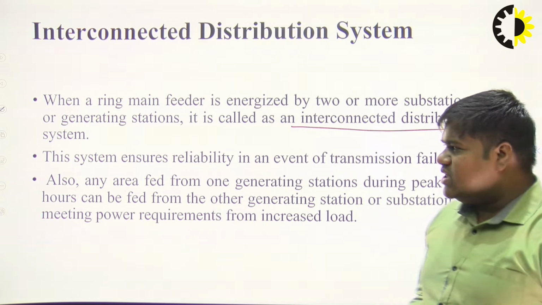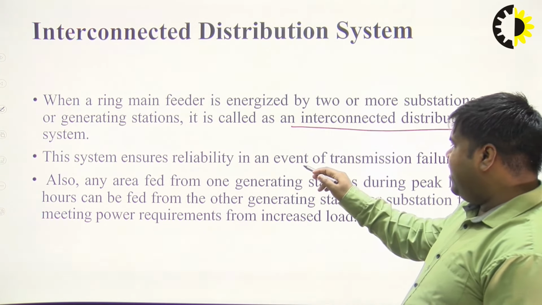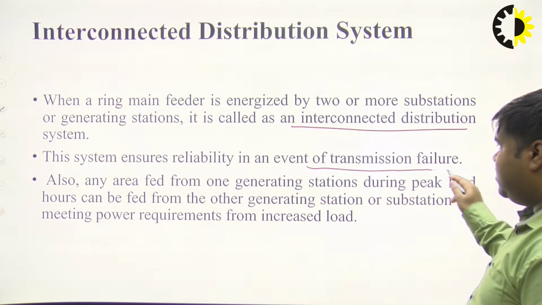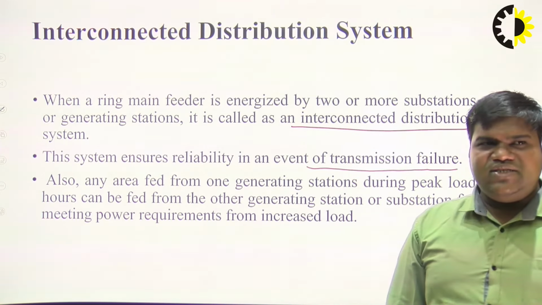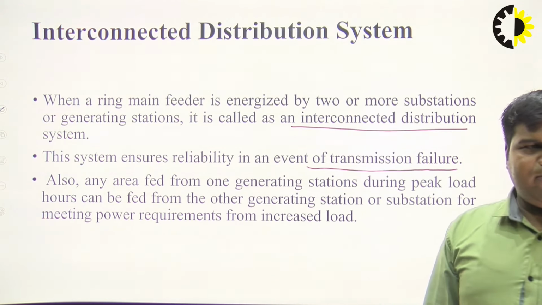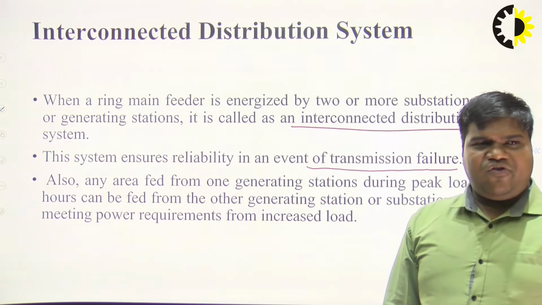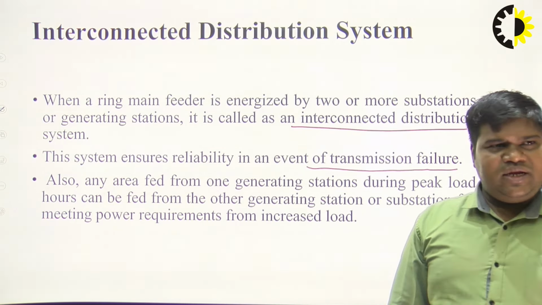This ensures reliability in the event of transmission failure. Also, any area fed from one generating station during peak load hours can be fed from another generating station or substation to meet the power requirement from increased load.